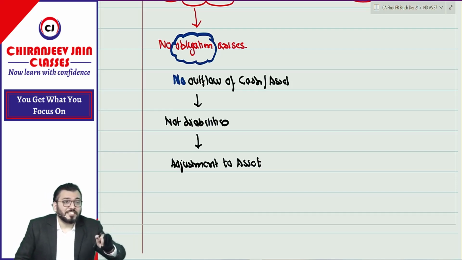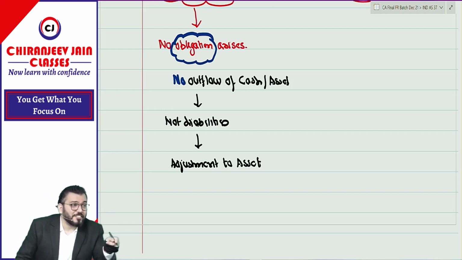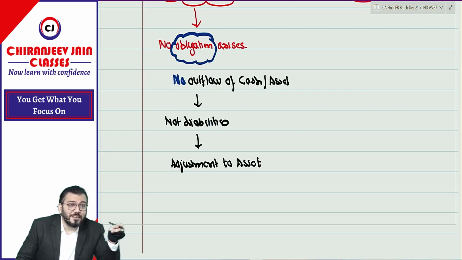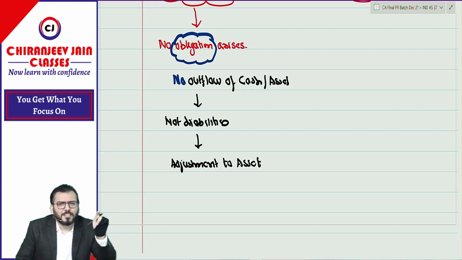So it means whenever you are recognizing any expected expenses arising from past event, which is decline in the value of asset, you are not recognizing any liability. Am I right or not? Correct? In CA Inter you have done provision for decline in the value of investment as per AS 13.